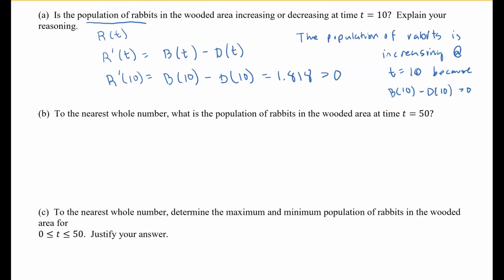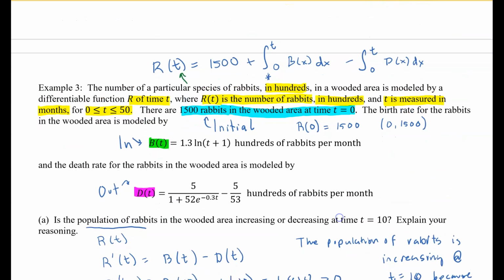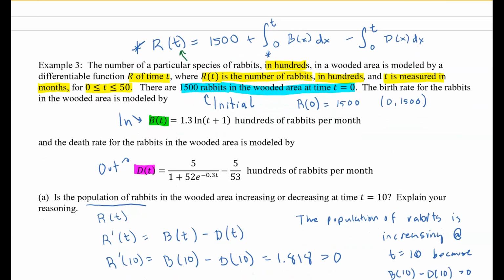B, to the nearest whole number, what is the population of the rabbits in the wooded area at time t equals 50? They want the population of rabbits at t equals 50. Okay, so this is r of 50. If you've already defined r, if you wrote this up here on your paper, you can just plug in 50.